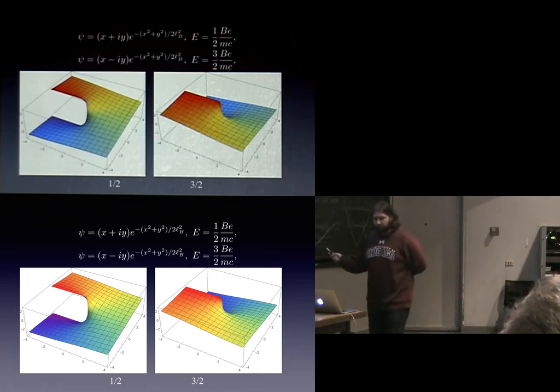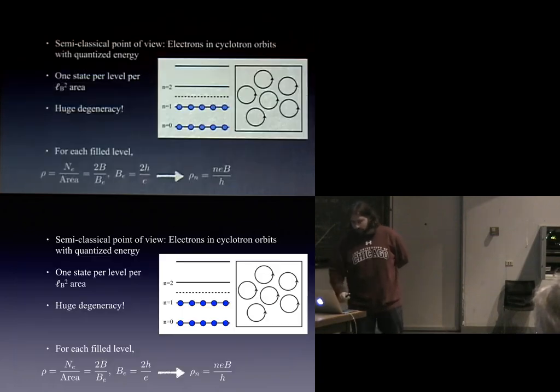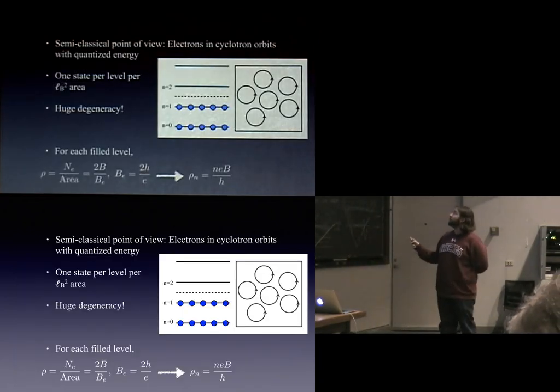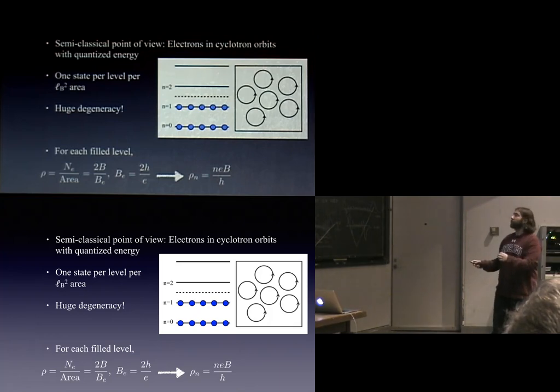And that's why they really look different, and they can be in the same spot at the same time. This is really a technicality. I just want to emphasize this is the important picture here. For every one of these states, I can cut out a chunk of my sample with area magnetic length squared, and there's one electron that can fit there for each of these energy levels.